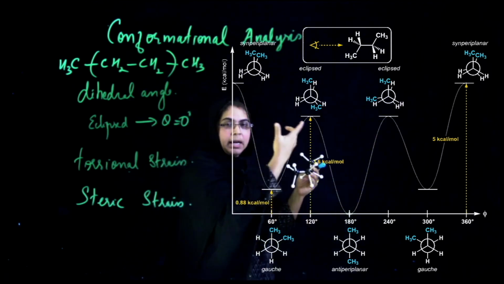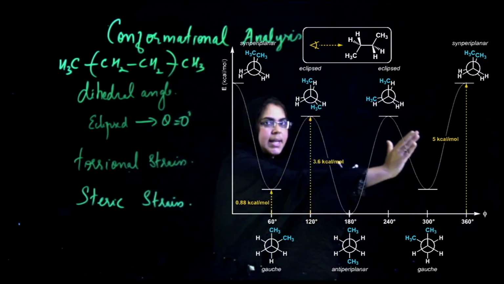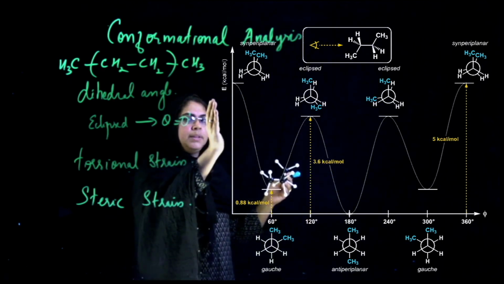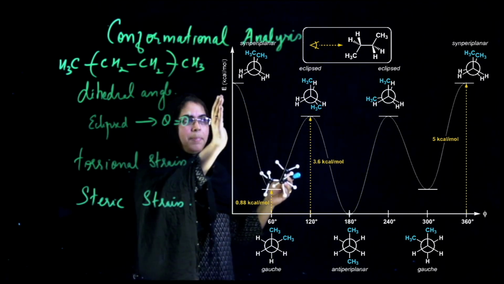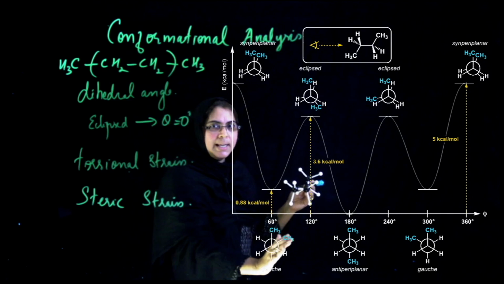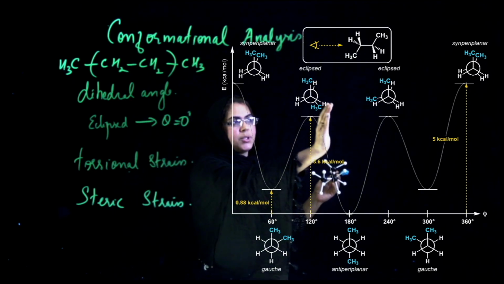So when the dihedral angle changes from 0 to 360 degrees, we get the fully eclipsed conformation, which we call syn-periplanar. Next is partially staggered, which we call the gauche conformation. Then it is partially eclipsed.